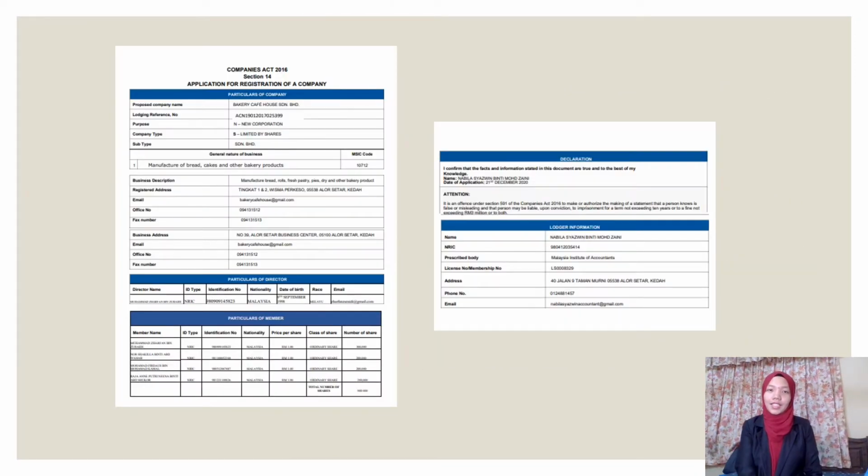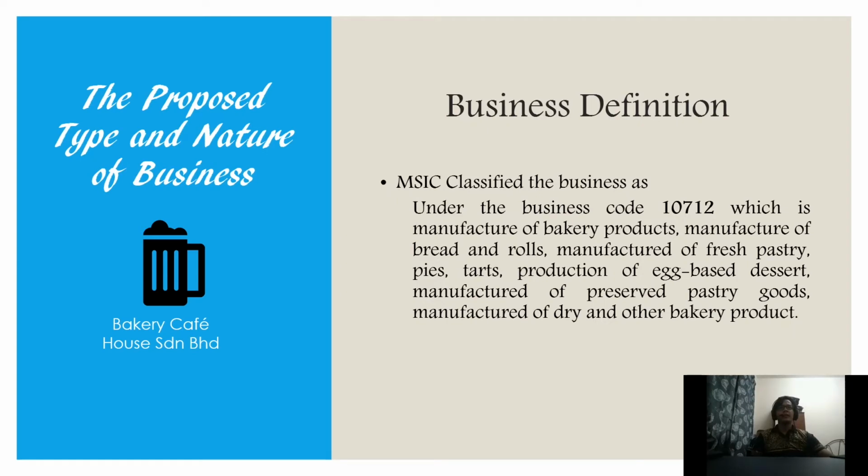Okay, this is the section 14 of Form 14. And this form we need to fill in to apply for registration of our company, which is the Bakery Cafe House Sendirian Berhad. Nature of business, Bakery Cafe House Sendirian Berhad.